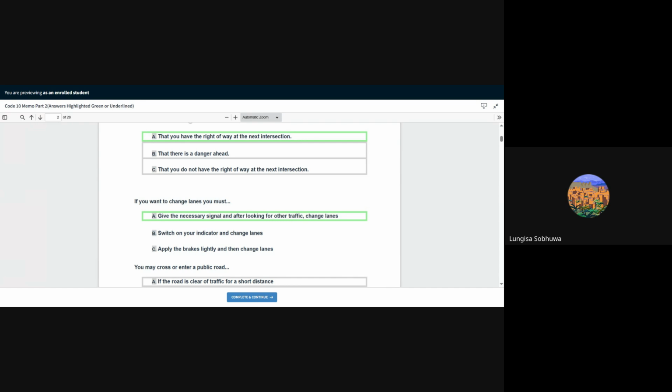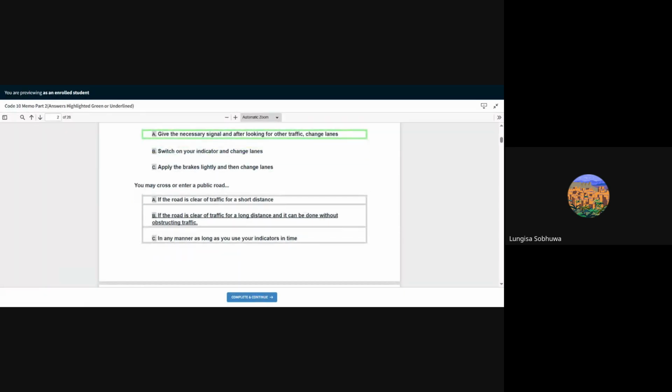B says, switch on your indicator and change lanes. C says, apply the brakes lightly and then change lanes. So the correct answer in this case is option A, which says, give the necessary signal and, after looking for traffic, change lanes.